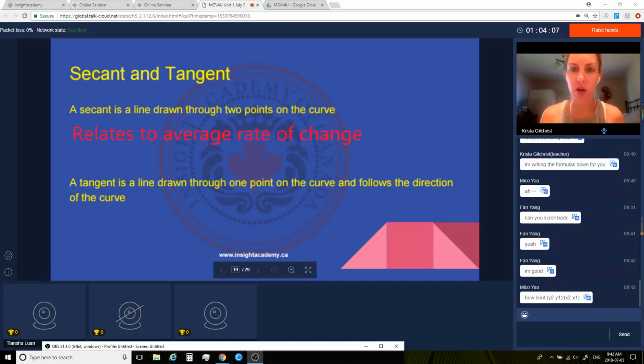Let me draw just a rough sketch so you guys can get an idea of what a secant looks like, okay? Maybe I'll change my font size, but okay, I can just make any graph here.